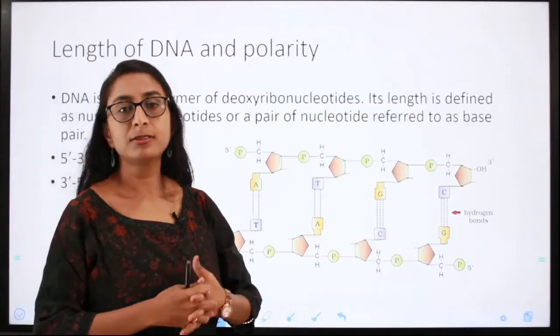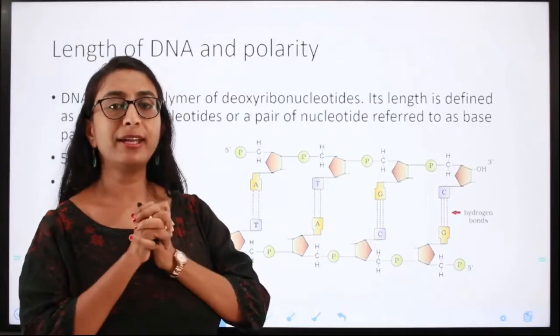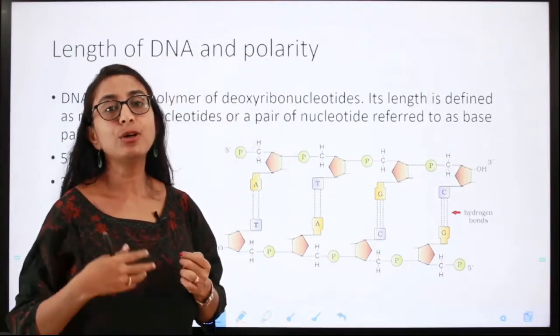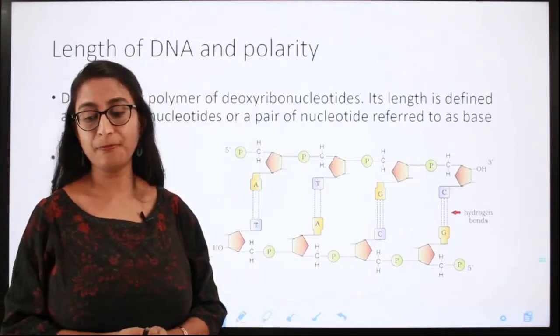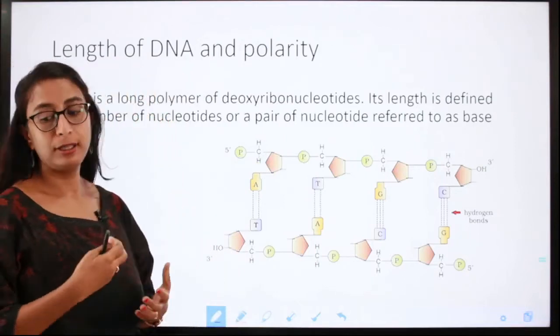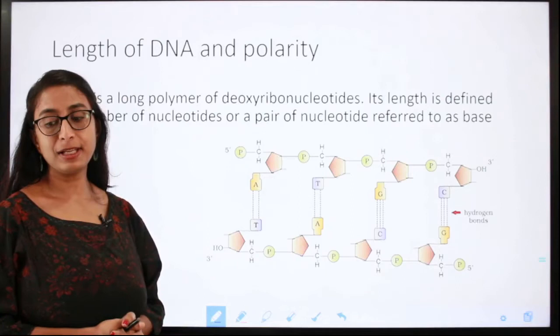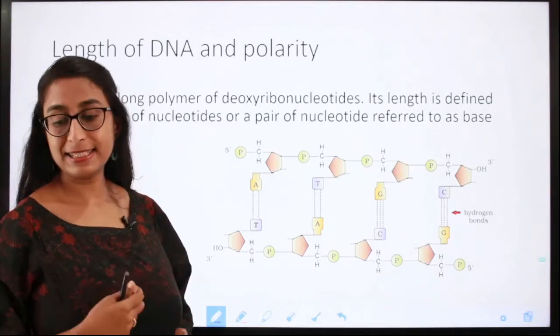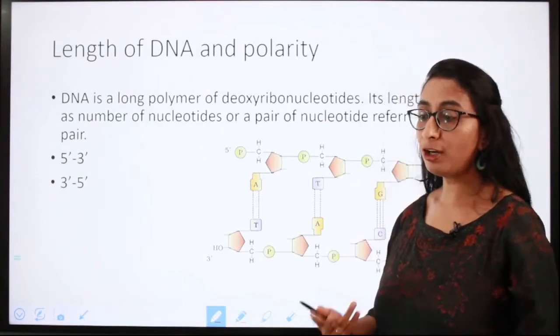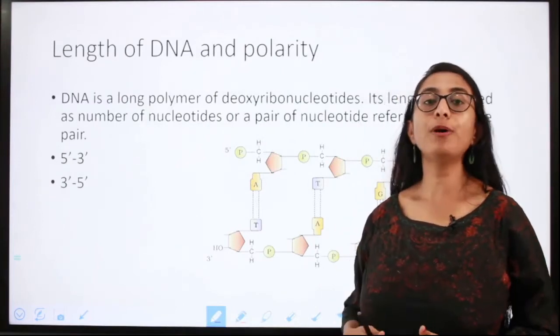So now we must be wondering, what is the length of the DNA? How long is it? How do we measure the length of the DNA? DNA is a long polymer of deoxyribonucleotides, isn't it? Its length is defined as the number of nucleotides or a pair of nucleotides referred to as base pair.